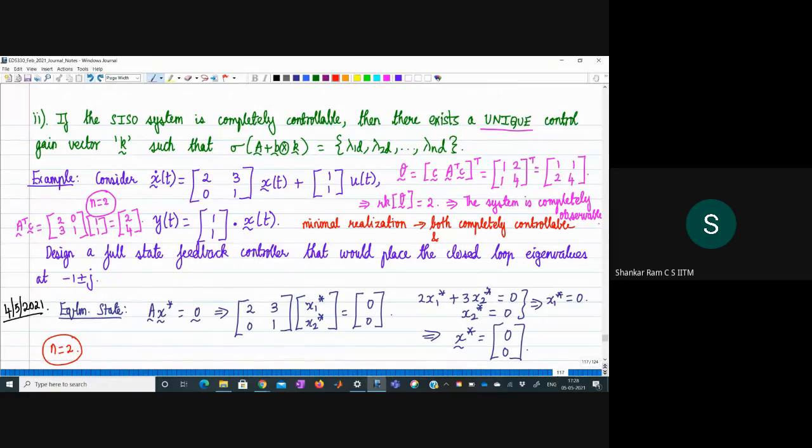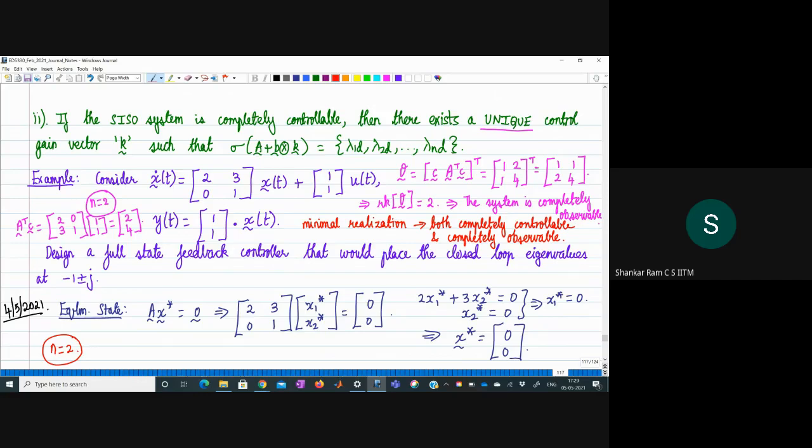Recall the relationship between the eigenvalues of the state matrix and the poles of the transfer function. For a minimal realization, the eigenvalues of the state matrix are the same as the poles of the transfer function. That is a very important result.